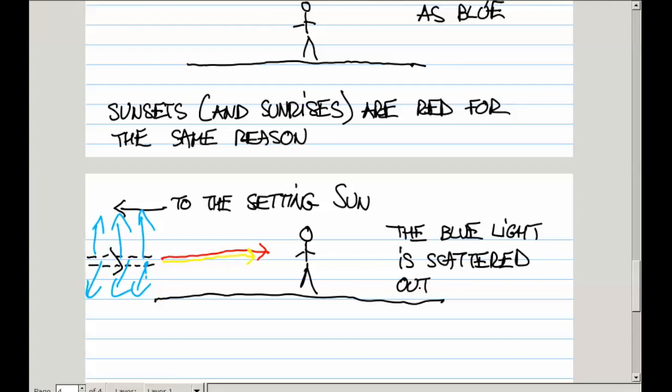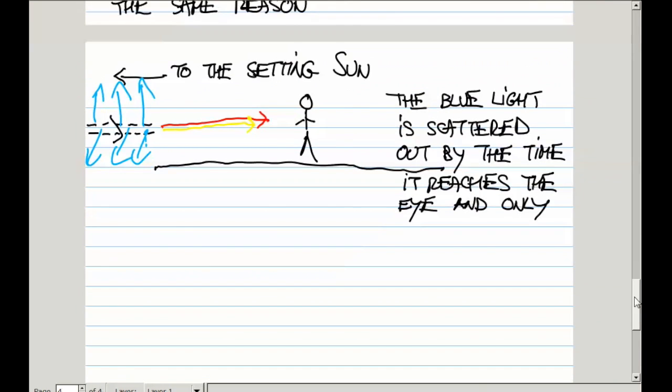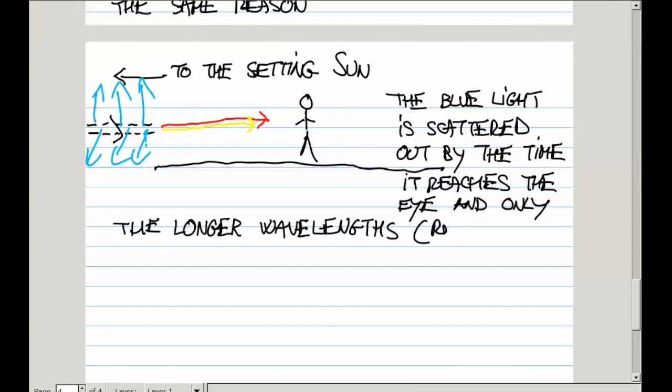So what we have here is that the blue light is carried out, and it's of course traveling a longer distance, because when the sun is above us, the thickness of the atmosphere, the layer of air that the light has to travel through, is much smaller than the distance the sunlight travels through the atmosphere at sunset.